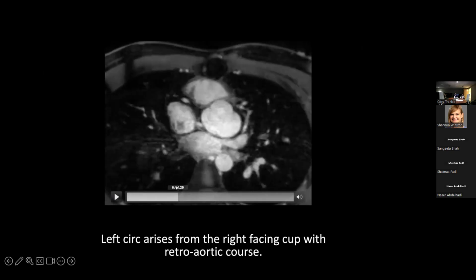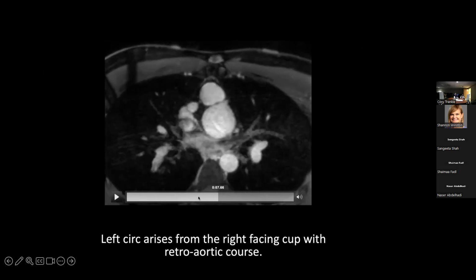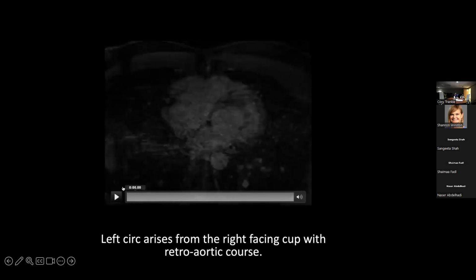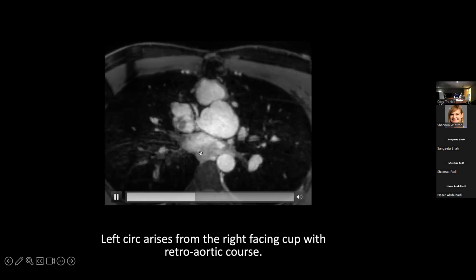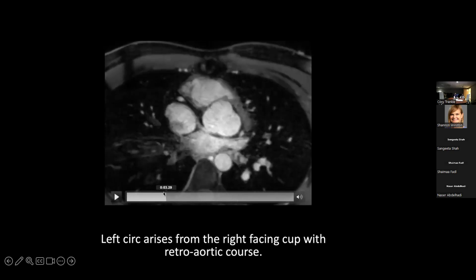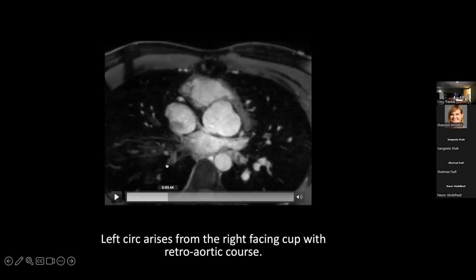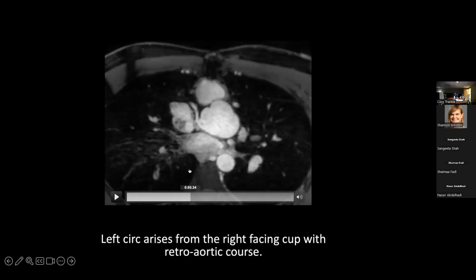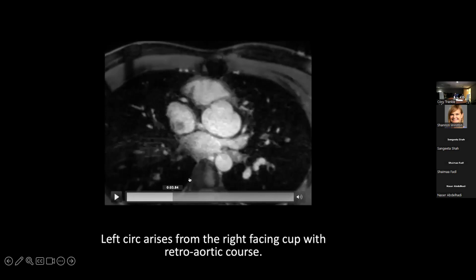And the right coronary is arising from the right facing cusp and reaches its territory. But there is another branch arising from the right coronary cusp and courses behind the aorta to reach the left circumflex territory. And this is a retroaortic course of the left circumflex arising from the right facing cusp.